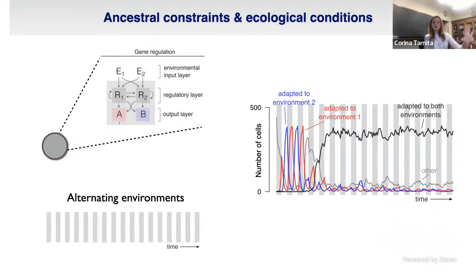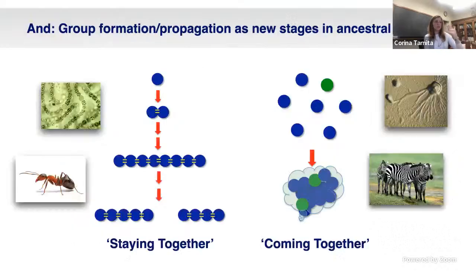And it is in this context of this ancestor that what we now do is we add group formation. And the way to add group formation is to think about two different kinds of mechanisms by which group formation can occur. One is that when cells divide, they don't fully separate, and they form, you can think of it as forming a simple filament.